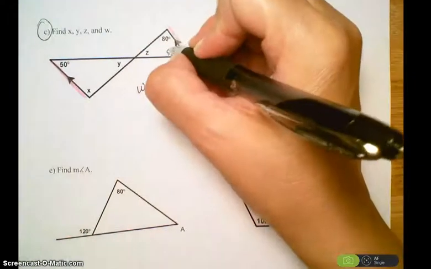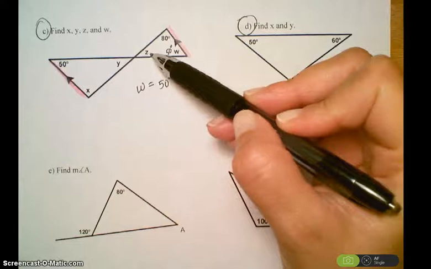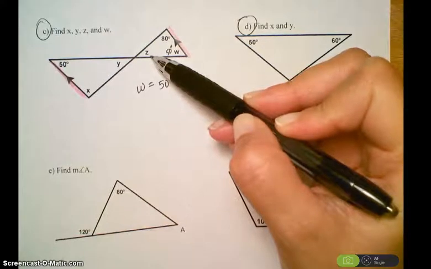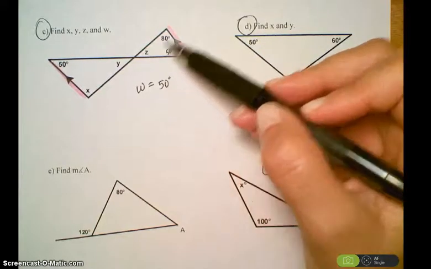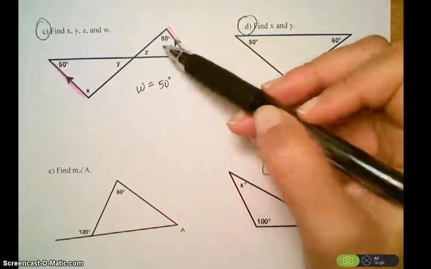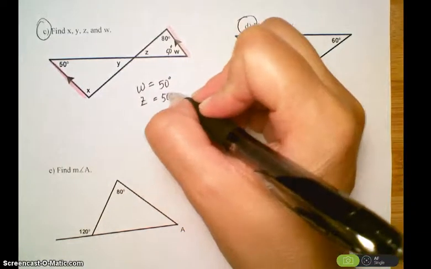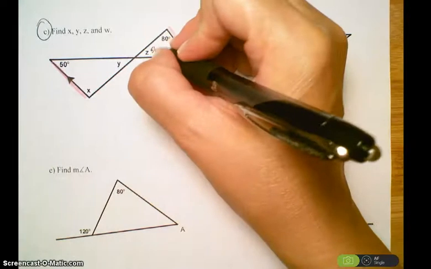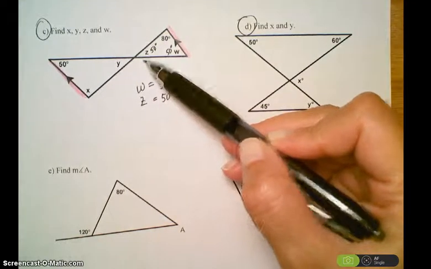Now, once W is marked as 50 degrees, then the only thing you're missing is the third angle of this triangle, and by the triangle angle sum theorem, we can subtract this from 180 and end up with Z is equal to 50 degrees also. Then, of course, old information kicks in.